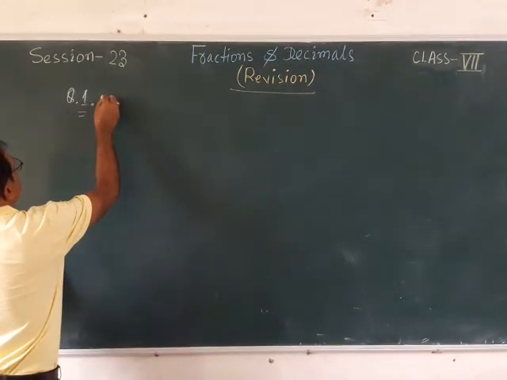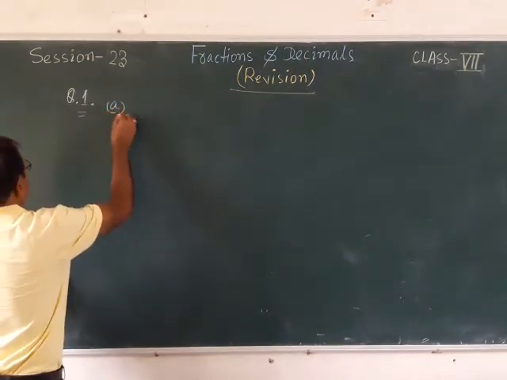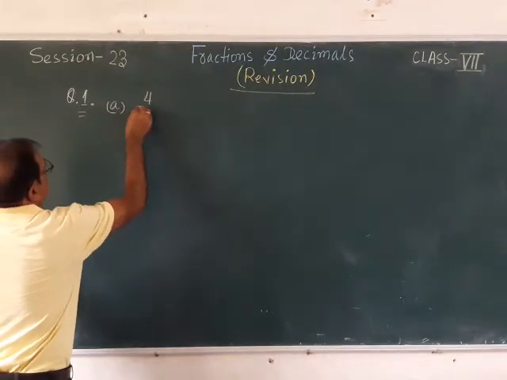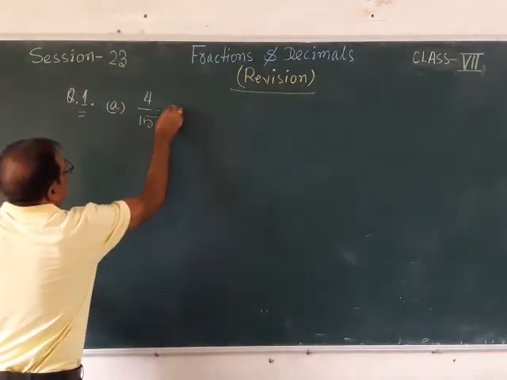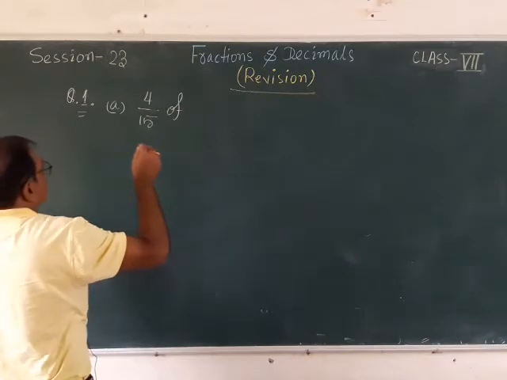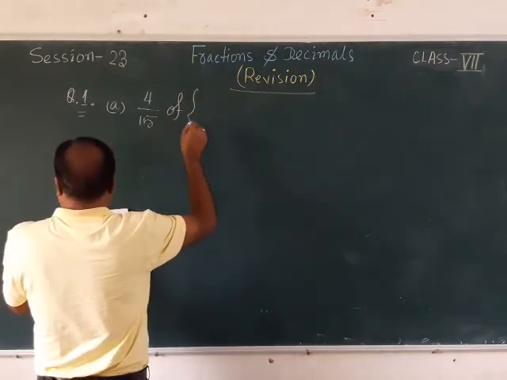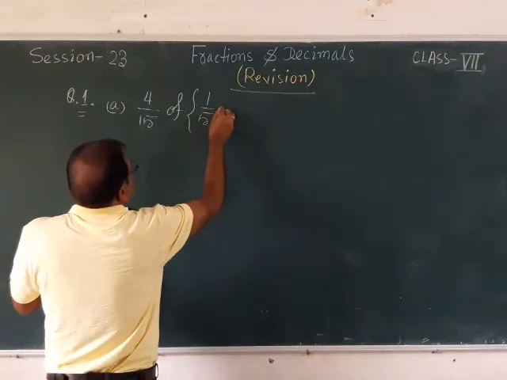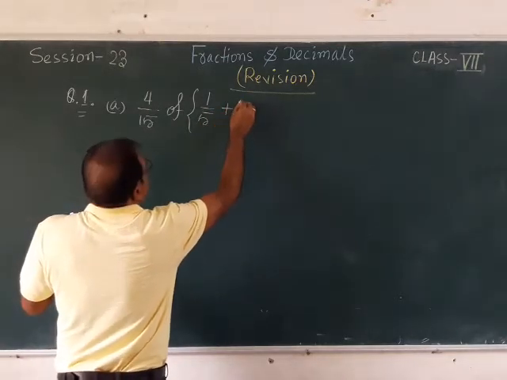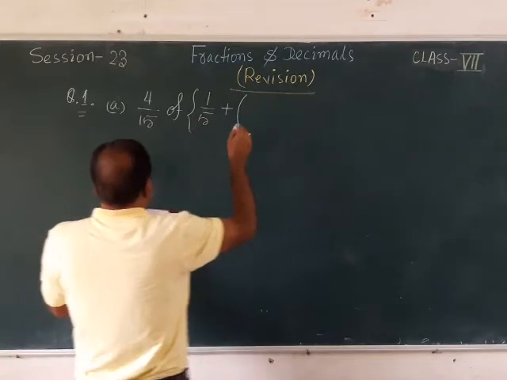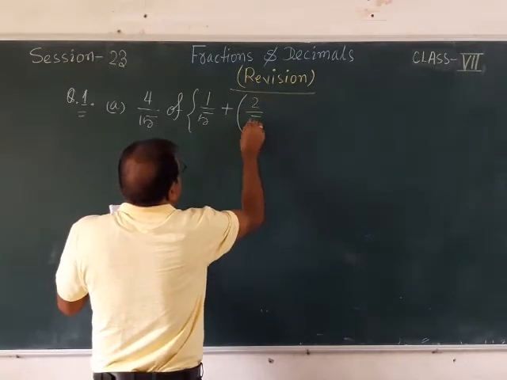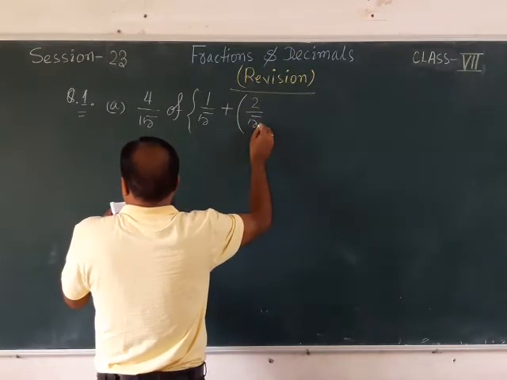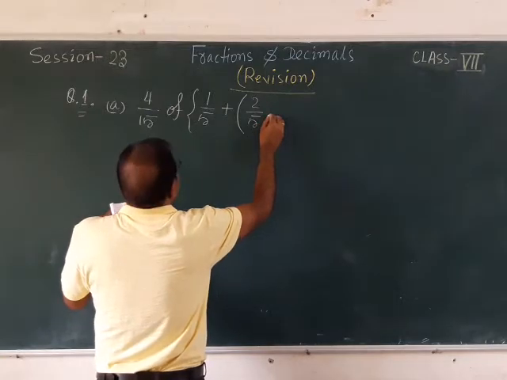Okay, and here at 1A I am writing a question that at first you need to try to solve by yourself. Then you will match your answer with my solution, and then you can understand where you are making a mistake.